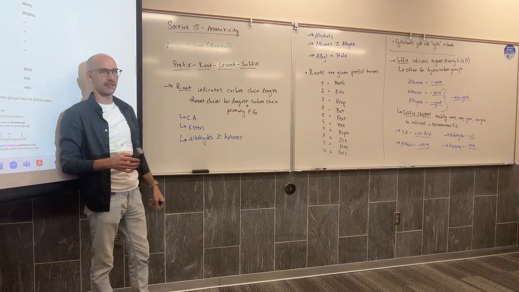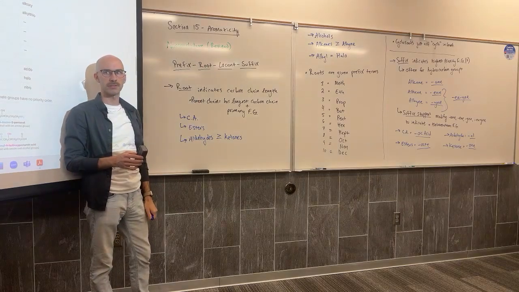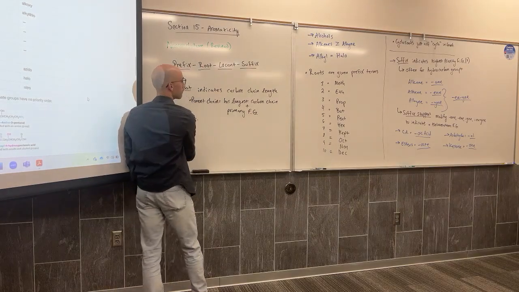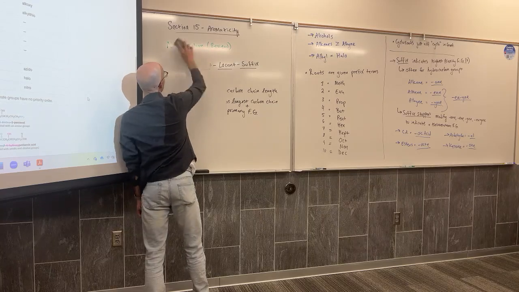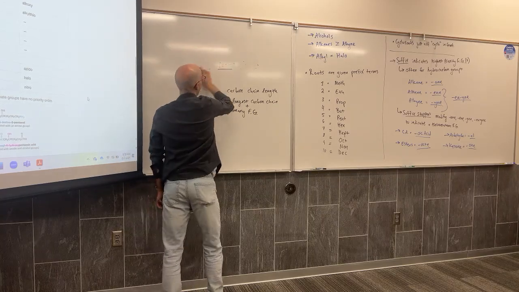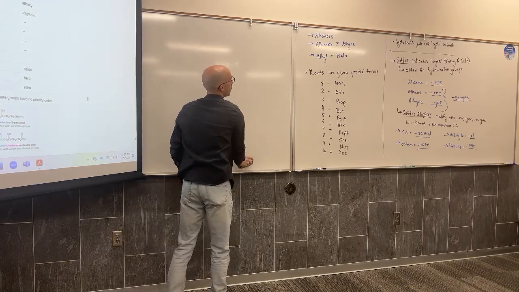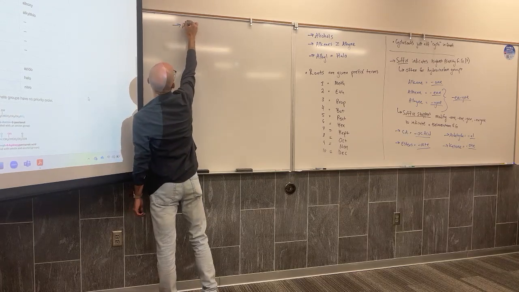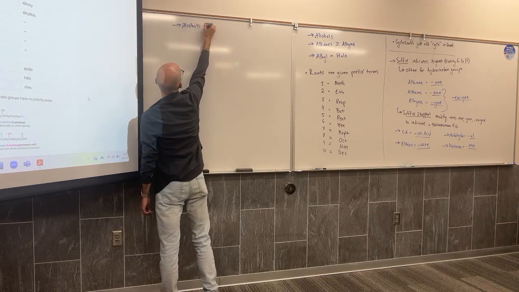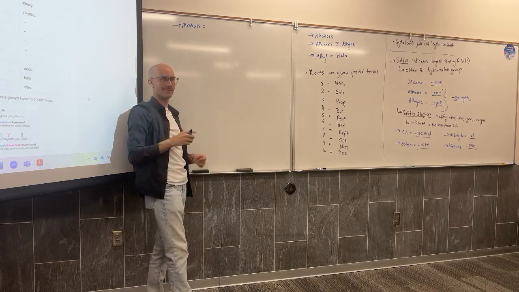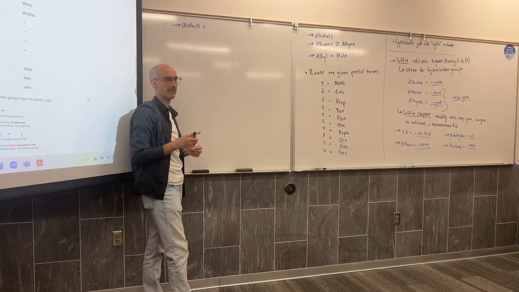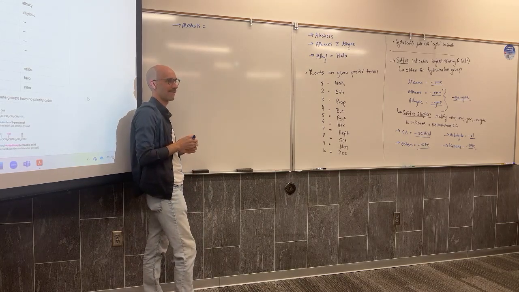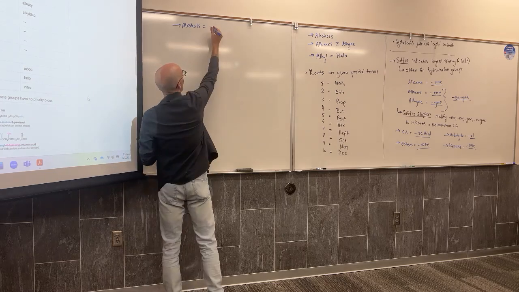You guys all right if I erase this part of the board and make some more space? All right, now here is something that I know you guys know, which is the suffix for alcohols. Oh, I thought you knew it. -ol, O-L.